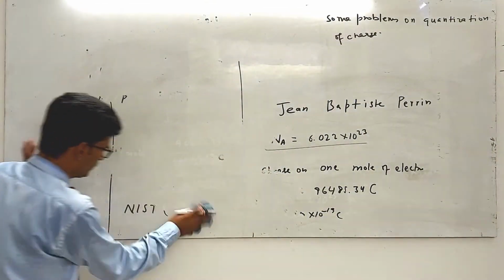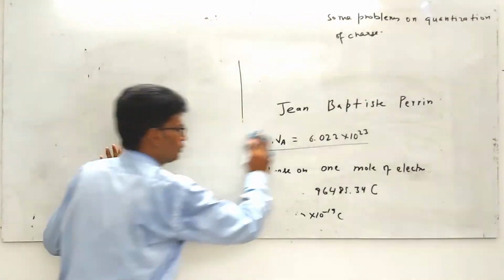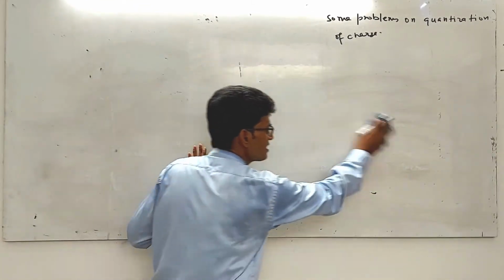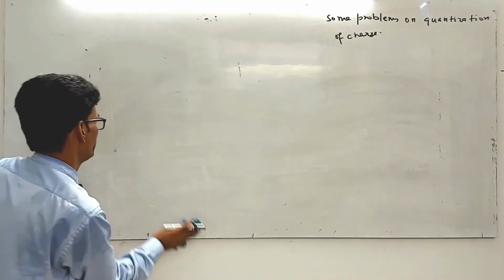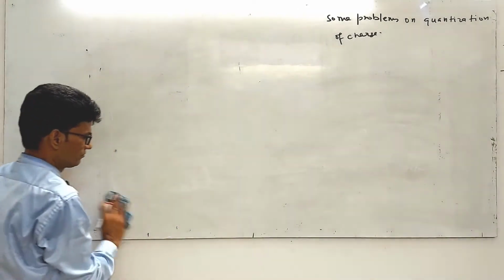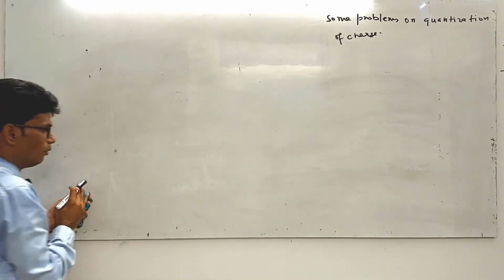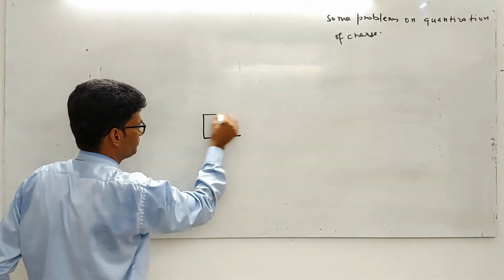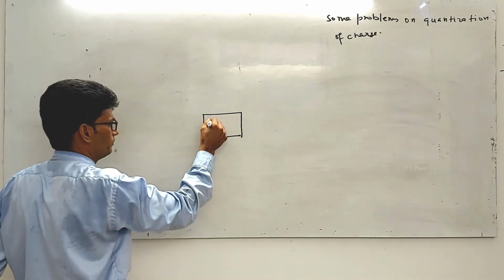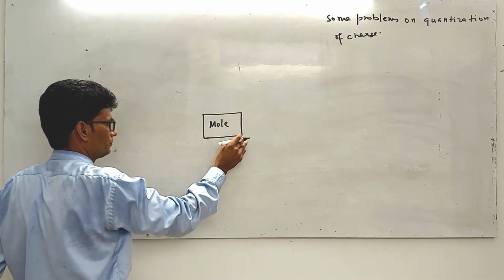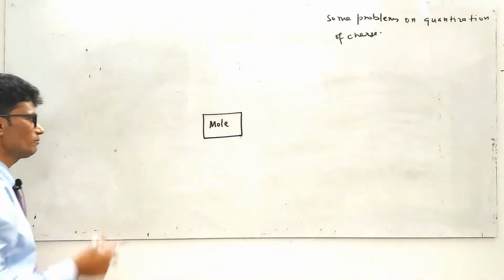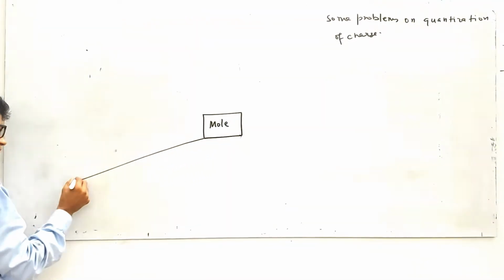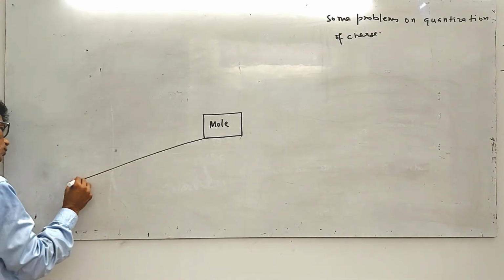Now I am going to use a tool to solve the quantization problem quite easily. So let us see here. The mole we put here at the center. So we arrive at mole in various ways.